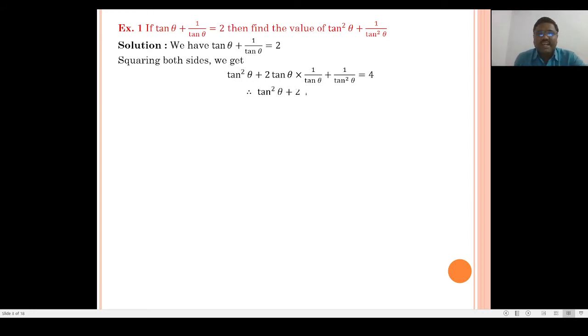So we get tan square theta plus 2 plus 1 upon tan square theta equals 4. Transfer 2 to the right hand side, so we get tan square theta plus 1 upon tan square theta equals 2.